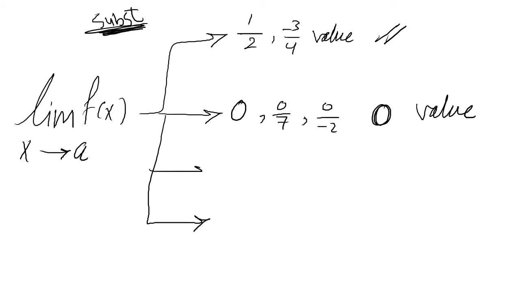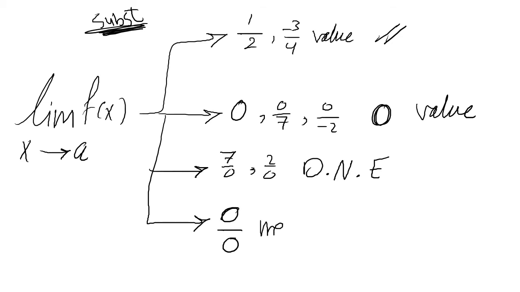If it gives you 7 over 0 or 2 over 0, it does not exist. I mean by does not exist that the limit does not exist. But finally, if it gives you 0 over 0, it means that this function needs to be solved.